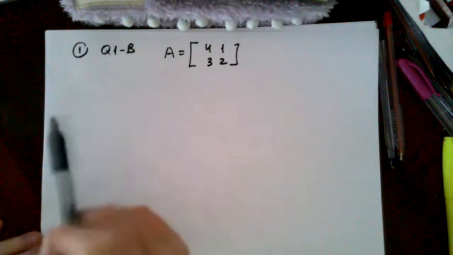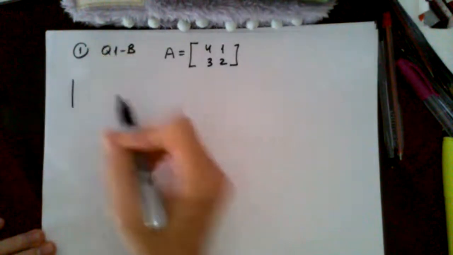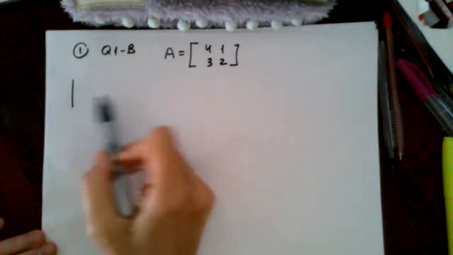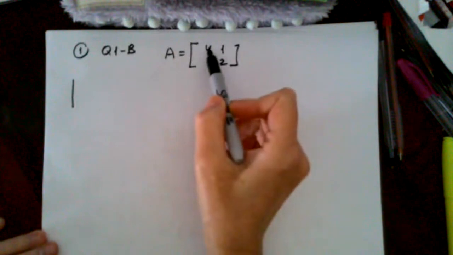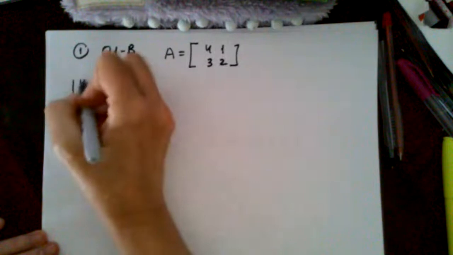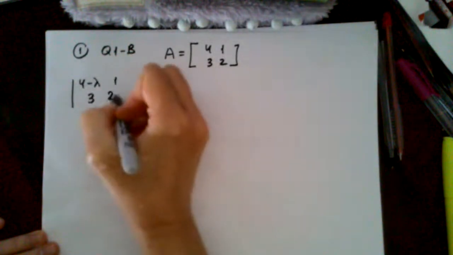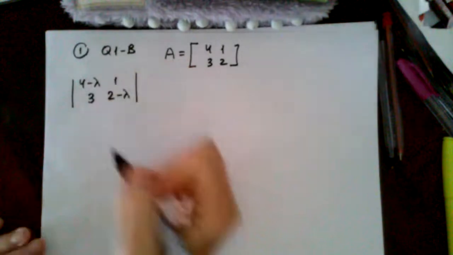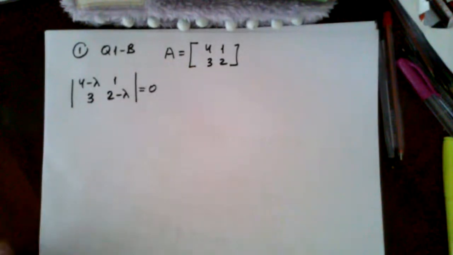So, okay, let's start by calculating lambda. To calculate lambda, you need to calculate the determinant of this matrix, but the unknown lambdas should be subtracted from the diagonal elements. So let's do it. I subtracted lambda from the diagonal elements, and now I set this determinant equal to 0.